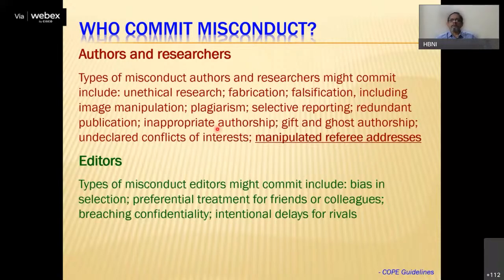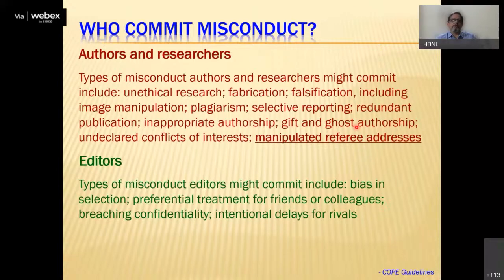So this is something which I have not talked about. I'll be dealing with this more in the next lecture. Basically, authorship issues and how they affect scientific conduct, so they can result in misconduct also. Then they have what are called gift and ghost authorships.